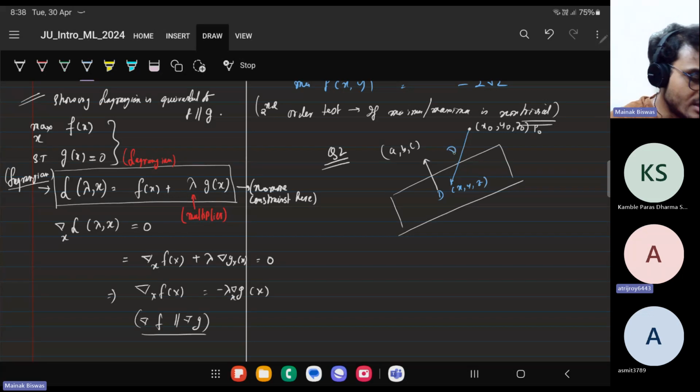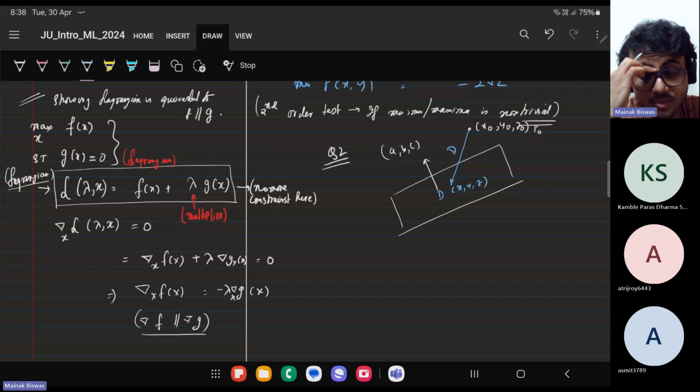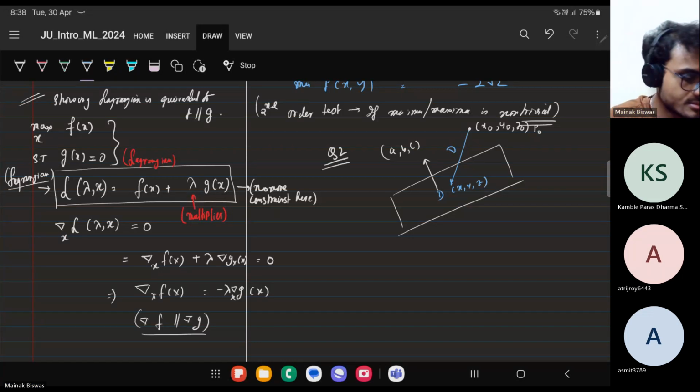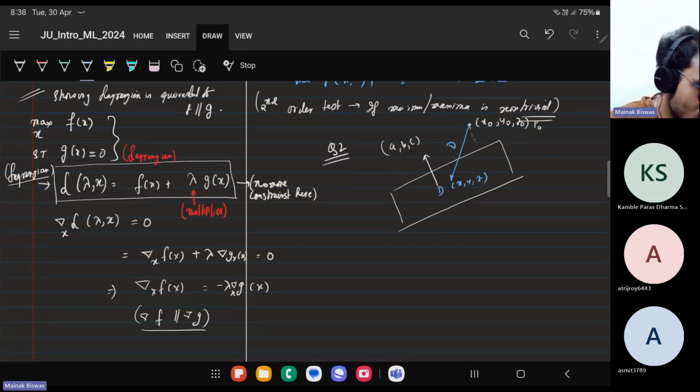If I write this as d, what will be the minimum distance of this line to the plane? Perpendicular. The perpendicular from the point to the plane. Your class 11 and 12 knowledge. But now, how do I do it in this form?